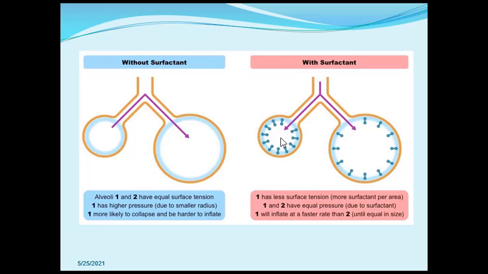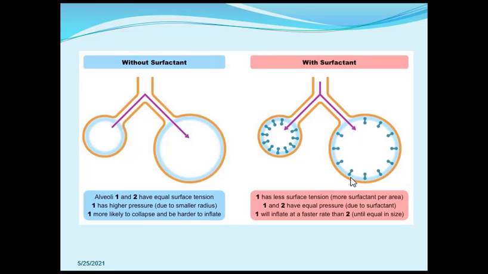Here there's a smaller radius, therefore a larger density. As we know, density is mass over volume, so a smaller radius means a smaller volume and a higher density of the surfactants. Therefore, it will decrease the surface tension more than in the larger alveoli.